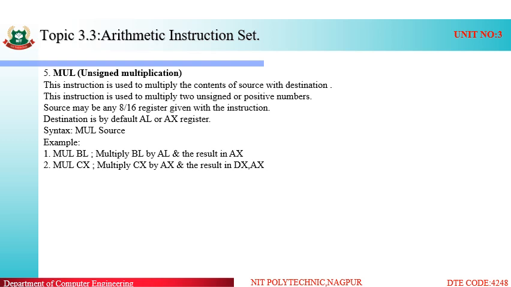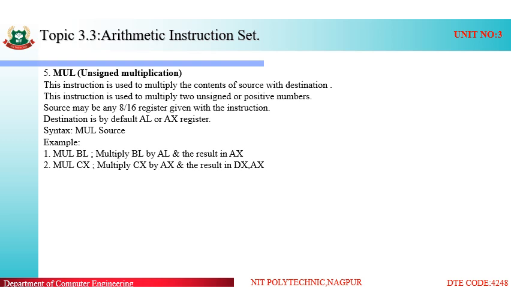For negative numbers there is a different instruction, that is IMUL, which we will study later. So the syntax is MUL source. Destination in MUL will be by default the AL or AX register. This point you have to remember every time.